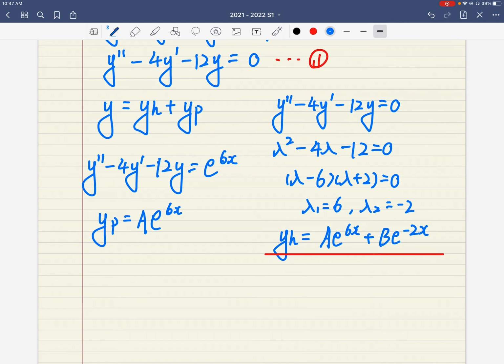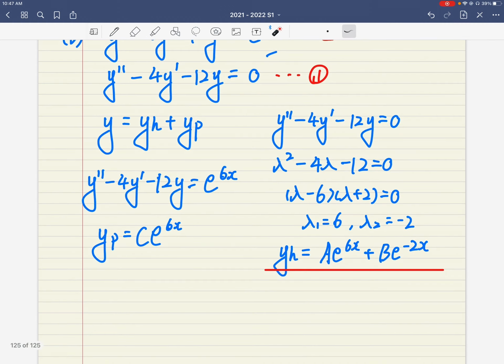But here's a problem. Just call this constant C. You can see this particular solution is already part of the general solution of the homogeneous equation. It's e to the power of 6x, it's e to the power of 6x. No matter how you solve it, it's already included in the homogeneous general solution.